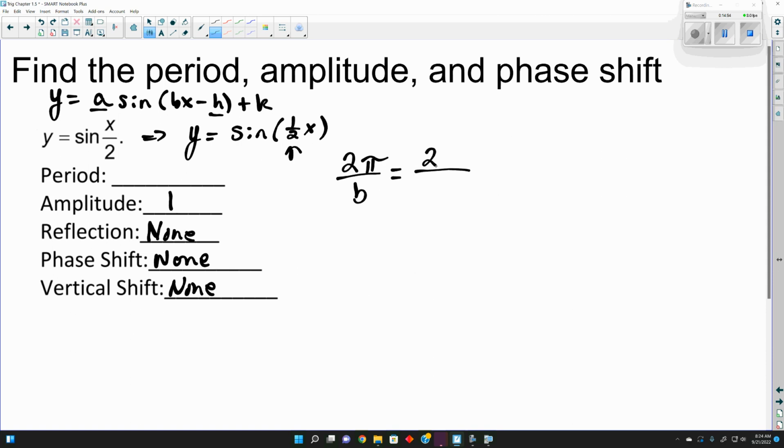So this is going to be 2 pi over 1/2. We can plug this into the calculator, 2 pi over 1/2, and we get 4 pi. So what that's telling us is it takes a distance of 4 pi to make one full cycle, to go one full period.